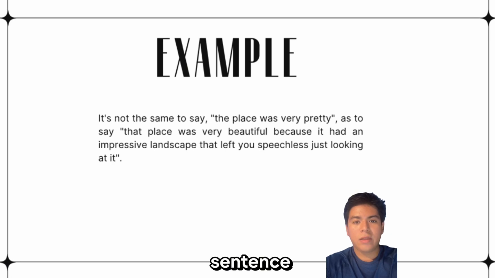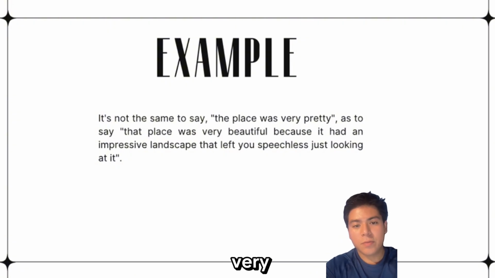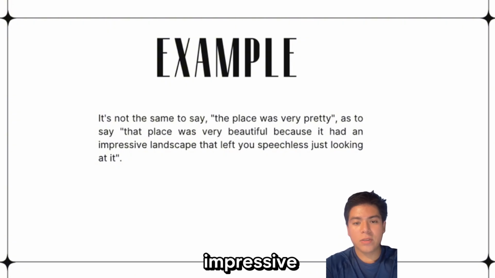Now, here we have an example of this technique. The first sentence is: the place was very pretty, but it is not the same to say the place was very beautiful because it had an impressive landscape that left you speechless just looking at it.